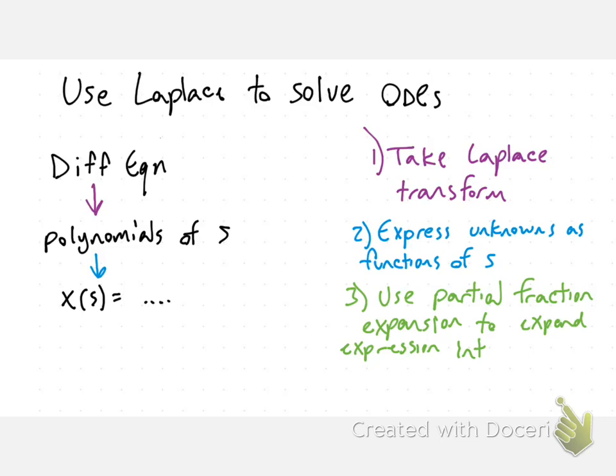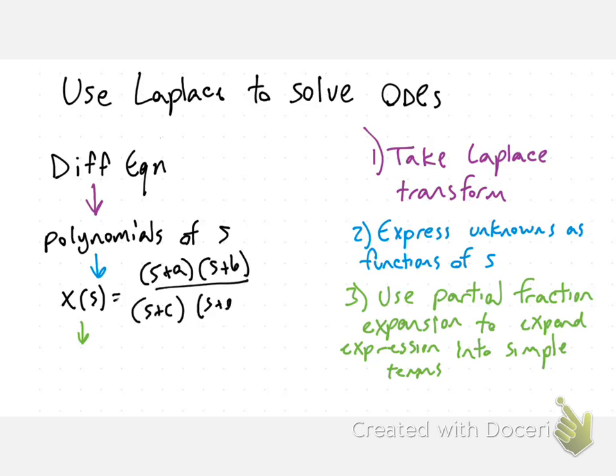Let's give a better example for that x of s, though. We want to have it in simple terms. Let's say that we have maybe s times something on the top, s plus a, s plus b, over s plus c, s plus d. Maybe there's a lot more of that. We're going to want to get it into terms of a over s plus g, b over s plus h. Again, this one abstractly is a bit complicated.